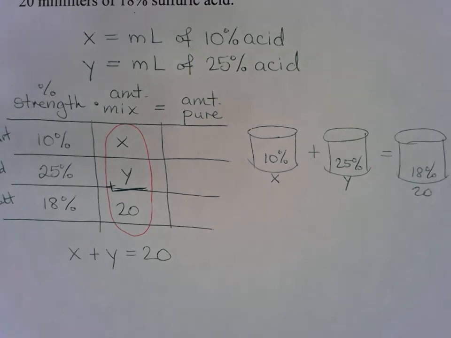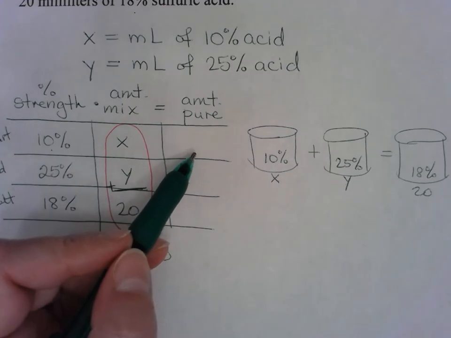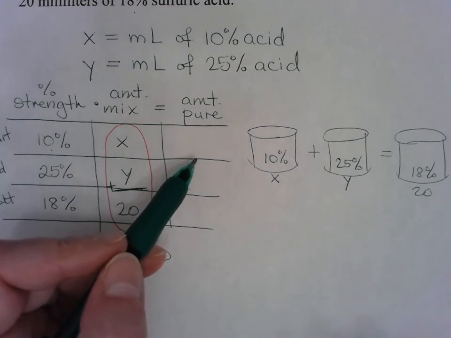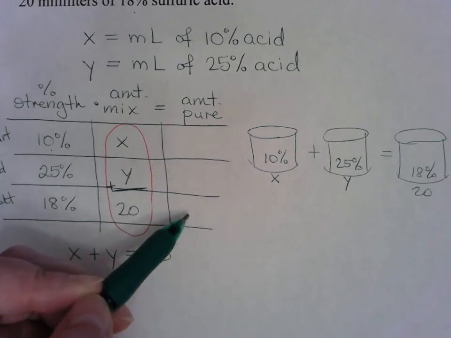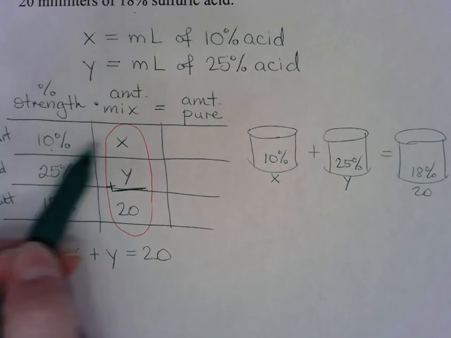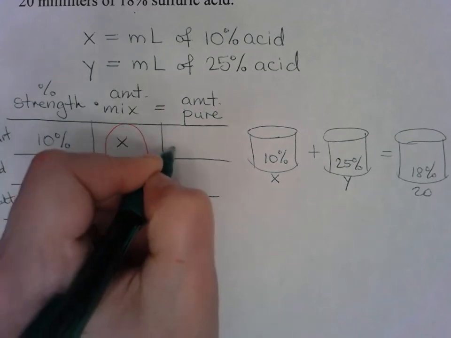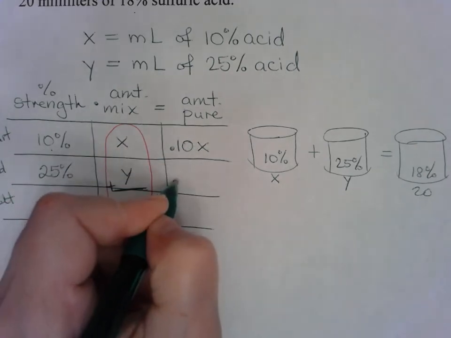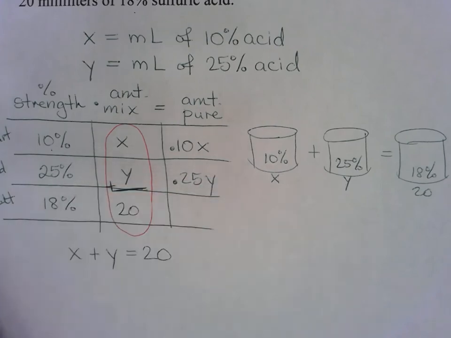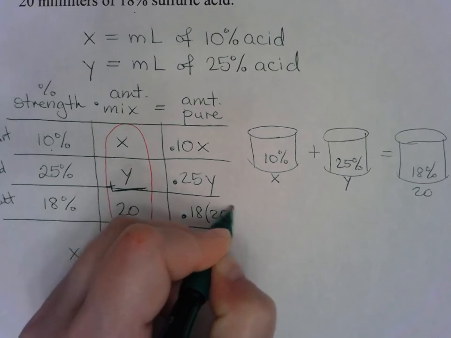The second equation is going to be based on the amount of acid involved. If it's an acid-water mixture, we're going to stop looking at the water and just look at the acid. Those should add up as well as the liquid. So if I multiply across, I'm going to turn these into decimals at the same time. This would be 0.10x, plus 0.25y, and then 0.18 times 20.